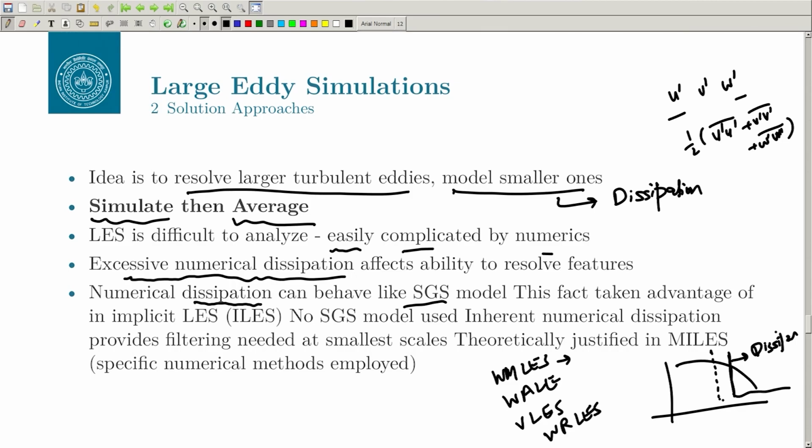And even to do LES, you need to think that your numerical scheme is good enough that it does not have too much dissipation. In RANS you can get away with it because you are using the turbulence model, but here the accuracy becomes a concern. So, in that case you should have a scheme which has the least dissipation.